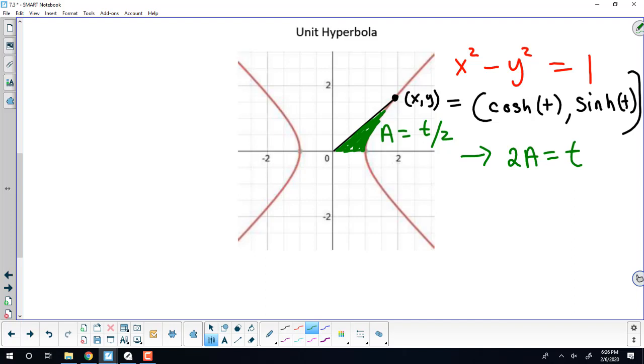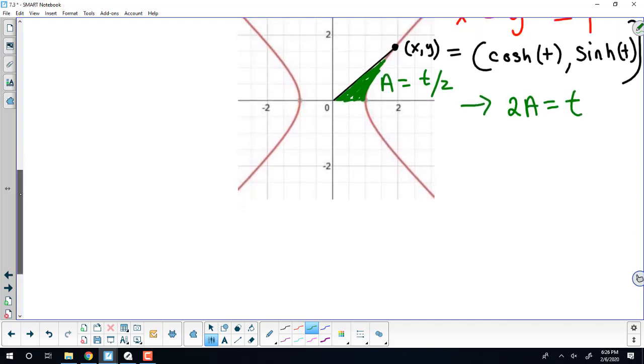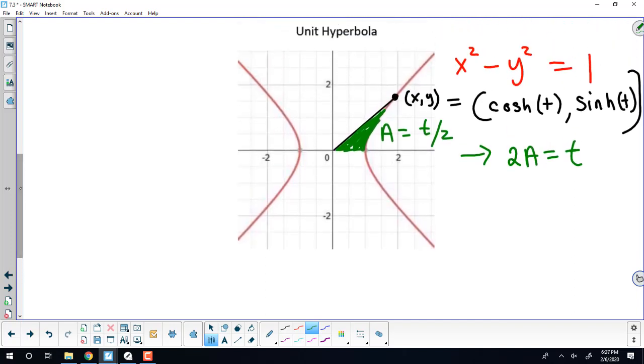The a and b give us an idea of how wide or narrow the hyperbola is, and in what direction it opens. Does it open this way or this way? Okay, all right, so that's the parallel. There's a lot more to this stuff, but we don't really get into any of that.